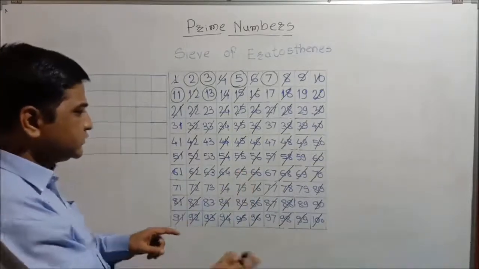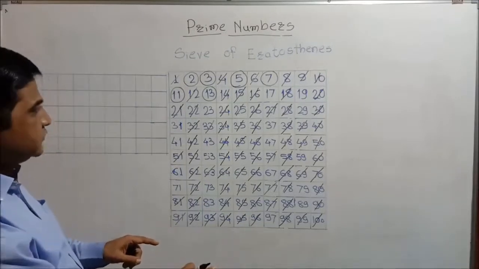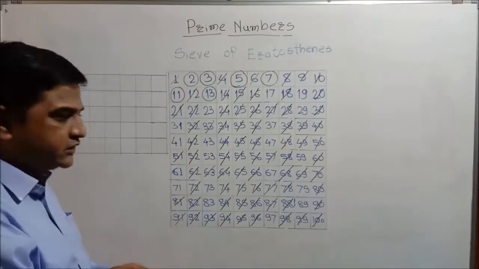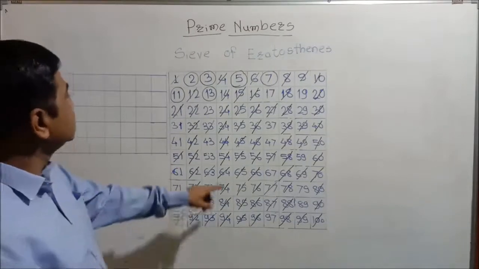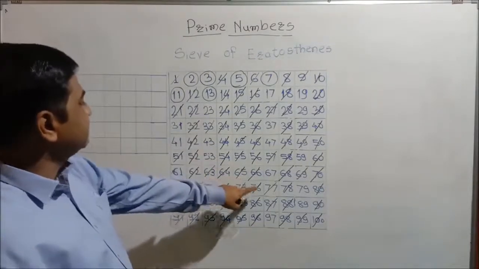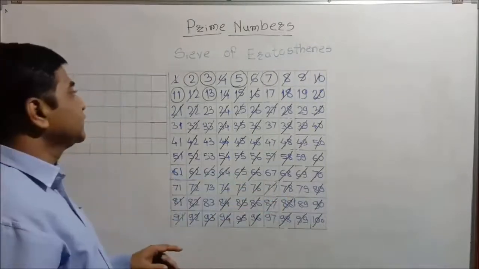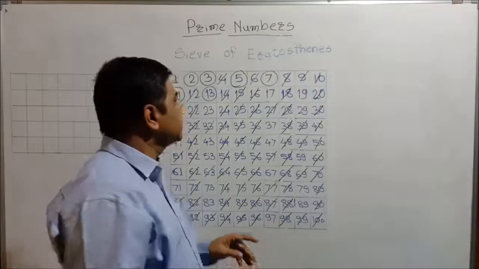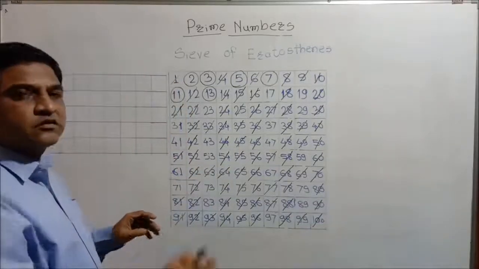So all the multiples of 13 have already been crossed. Even after 65 we are having 78, so 78 is also crossed. So what we have found out is that what is left are only the prime numbers.